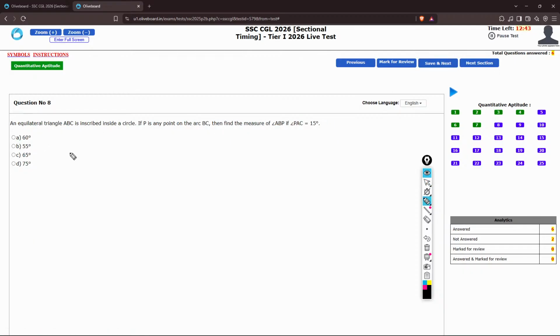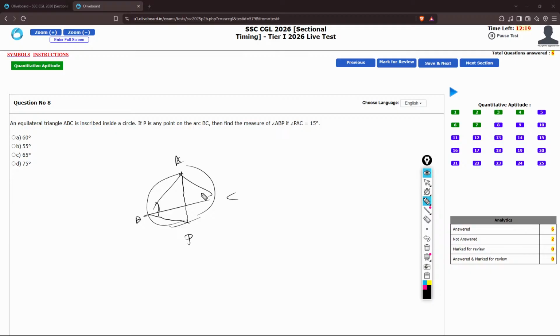No. So 1:1. An equilateral triangle ABC is inscribed inside a circle. If P is any point on the arc BC, then find the measurement of ABP. If PAC, okay, so equilateral triangle, right?